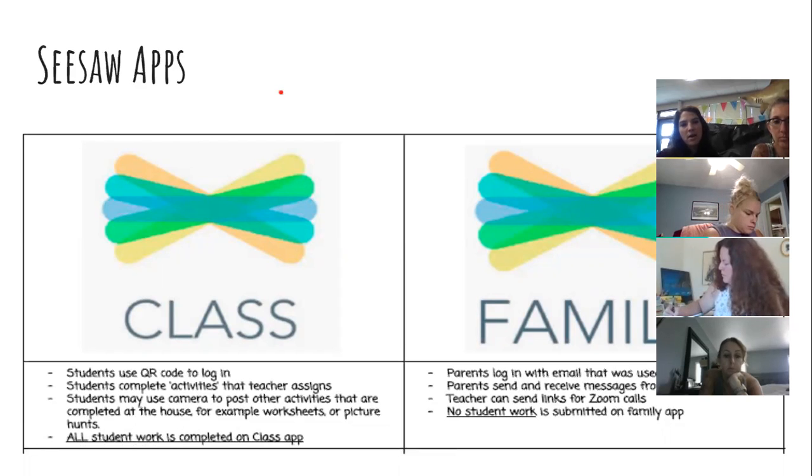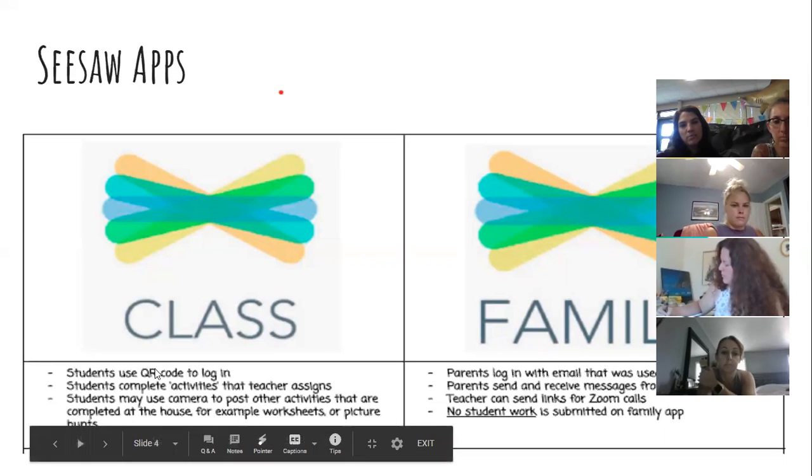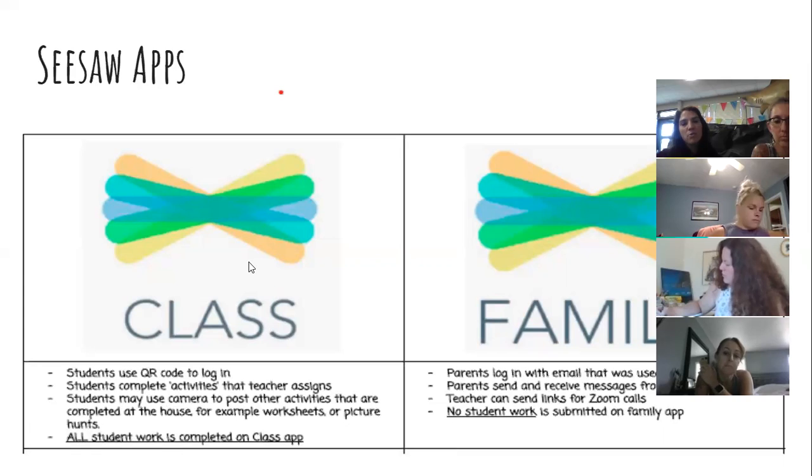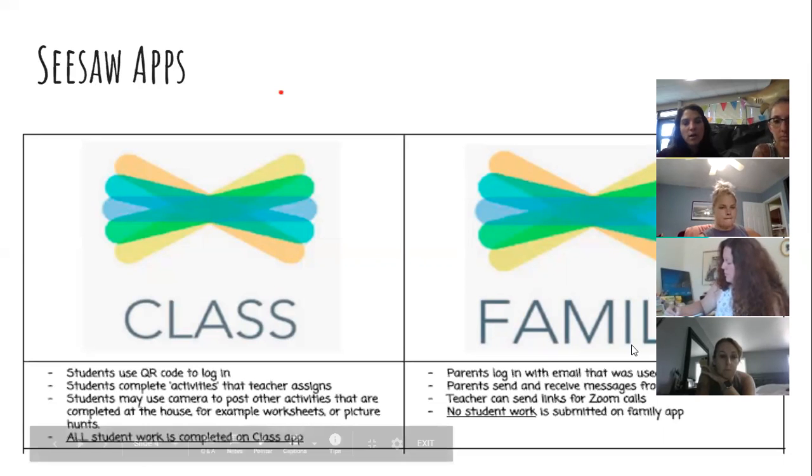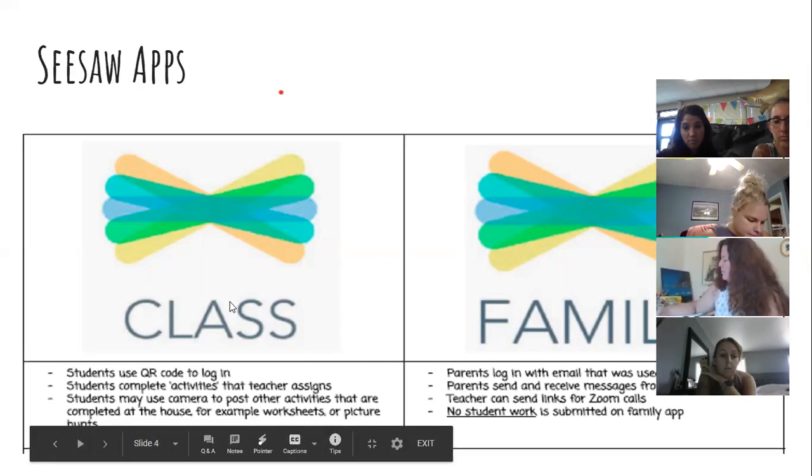For the students to access it, there's a little QR code that's specific to your class. That's where they complete the activities, that's where you assign your activities. They can use a camera or a video to record or take pictures of things that they made. So all the student work is done in Seesaw Class.